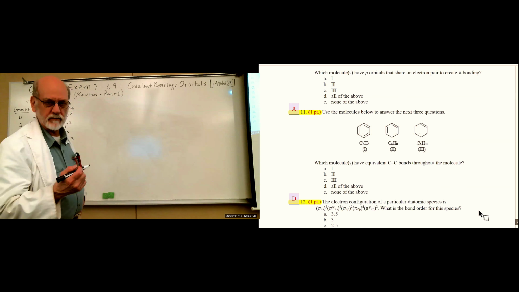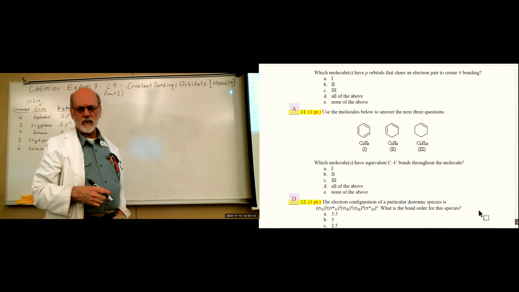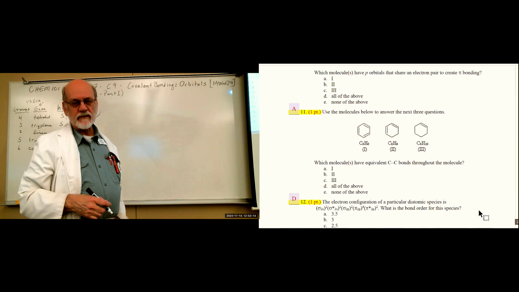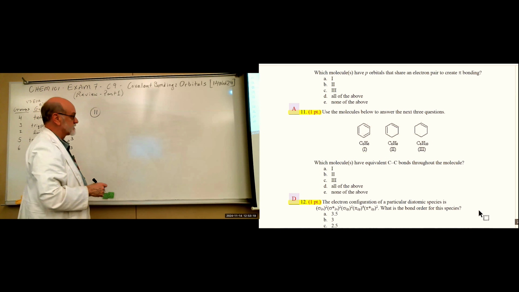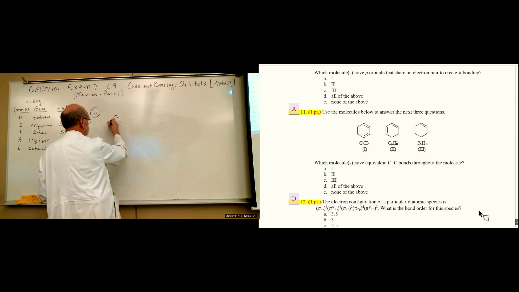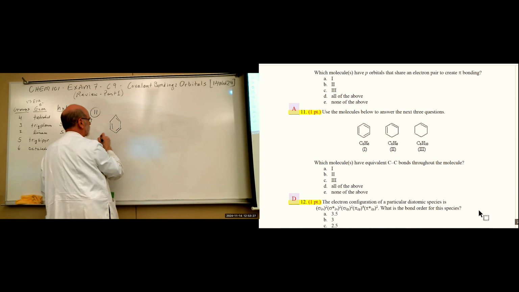Oh, we're going to work on that same set of structures. Now, what's the question? Which molecules have equivalent carbon-carbon bonds throughout the molecule? All right, this is a little more difficult. So we have, let me put them in the same place they do. Here, here, here.